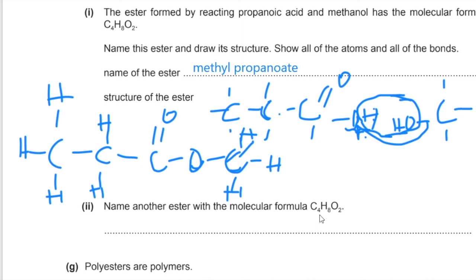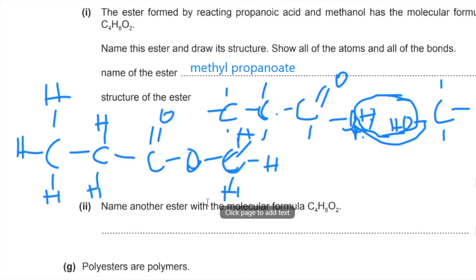So you have ethyl ethanoate from ethanoic acid and ethanol, and then propyl methanoate from propanol and methanoic acid, as these are the only two combinations that make up 4 carbon atoms in the ester other than the one that we've already drawn. So I'd go with propyl methanoate.